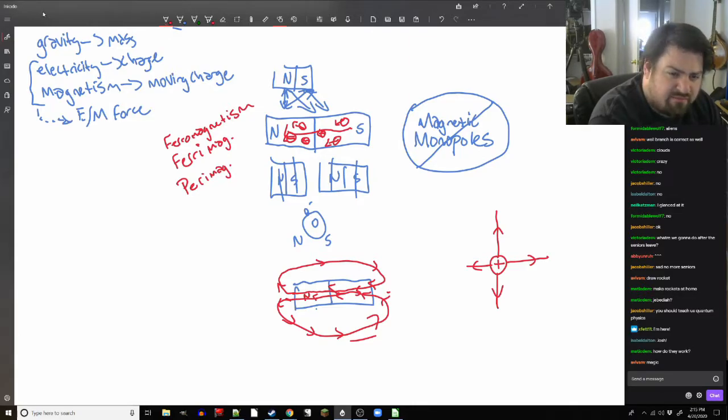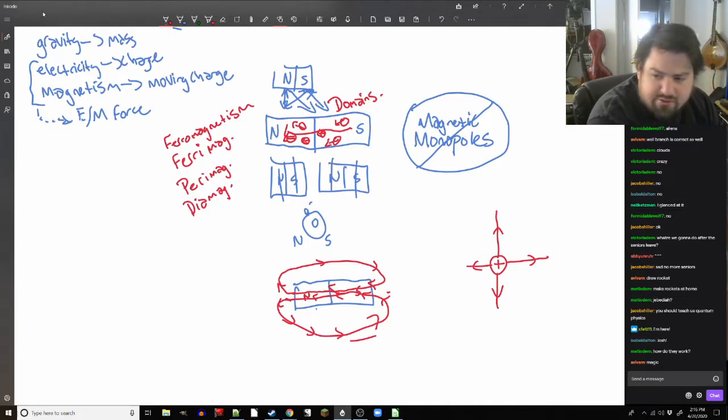Then there's diamagnetism, which is, I think, perpendicular to some external magnetic field. There's all sorts of types, and I honestly do not remember what all of them are. It's not incredibly important. But there's all sorts of types that have to do with what the domains inside of the magnet are actually doing. I'm going to write that word down here. There you go.